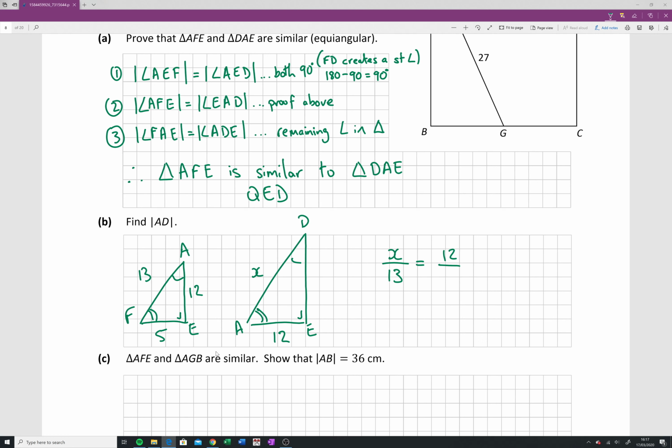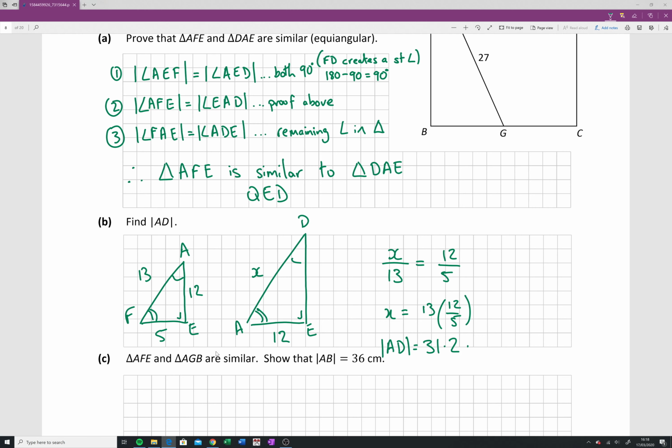So it is going to be 12 compared to 5. Okay, very simple equation. Multiply both sides by 13. X is equal to 13 times 12 over 5. So let's just check what that is. According to my calculator, that means that X, which is AD, is equal to 31.2.